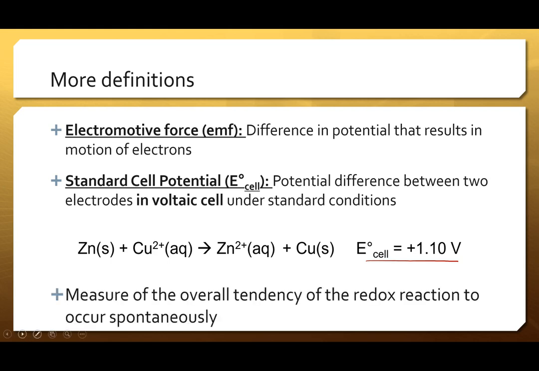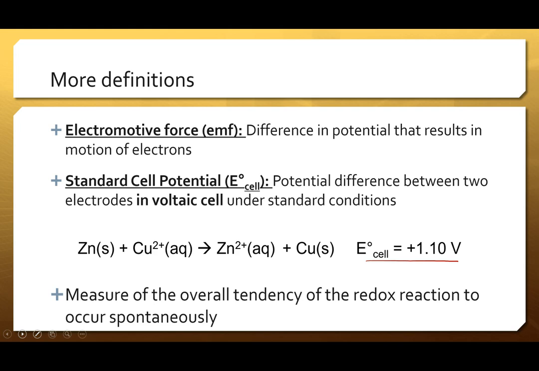Okay. So what is this EMF? What is this standard cell potential measuring? Well, it's the overall tendency of the redox reaction to occur spontaneously. So when we get the E cell potential, that's going to tell us, is this a spontaneous redox reaction?